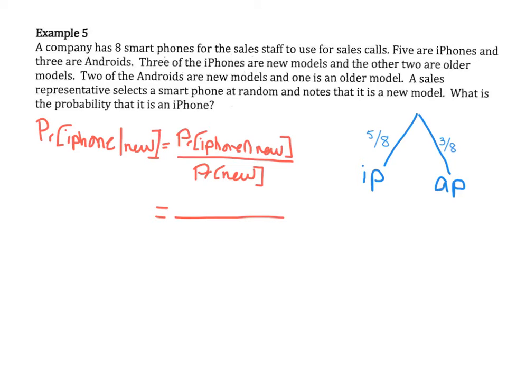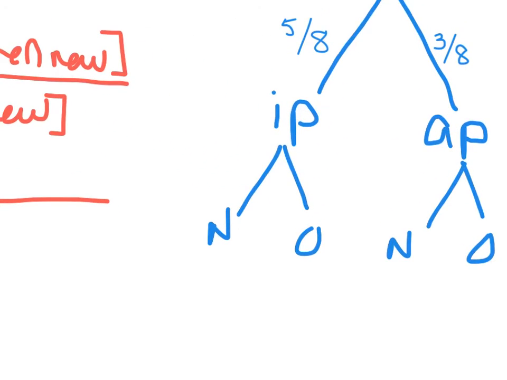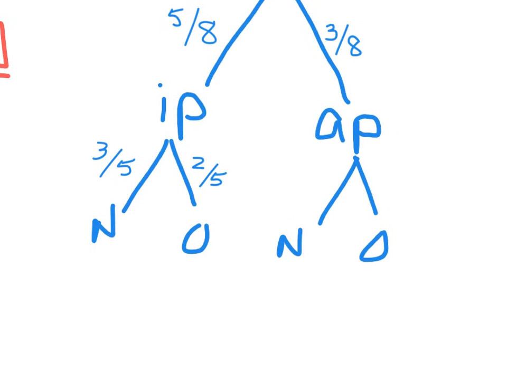And then between your iPhones, you've got new and old, and Android, you've got new and old. But remember, when you talk about new iPhones, remember there's only 5 iPhones. And it said that for the new ones, there were 3, and there were 2 old. For Androids, there were 3, 2 new, 1 old.